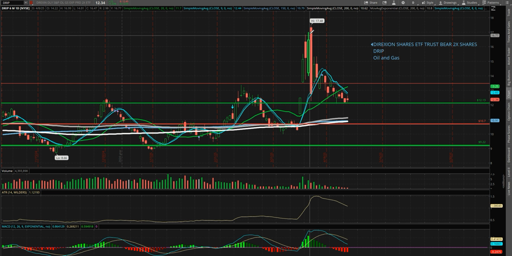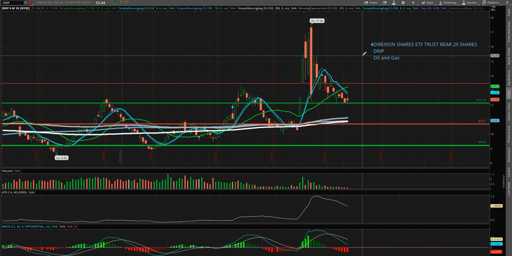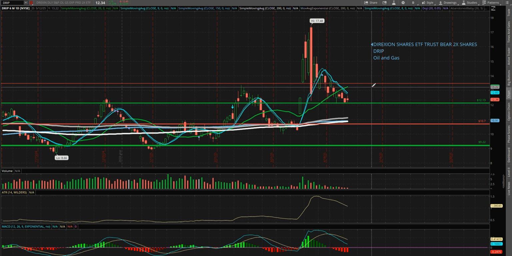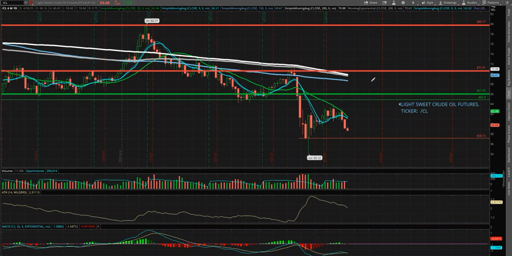The initial bounce up, then we got the sell off, and now we should get the turnaround and heading back up again. DRIP should start to roll over and push higher as long as oil continues to sell off. So we'll see how that reacts, because currently it's just kind of slow compared to how oil is moving, and I don't understand because it's a 2x.